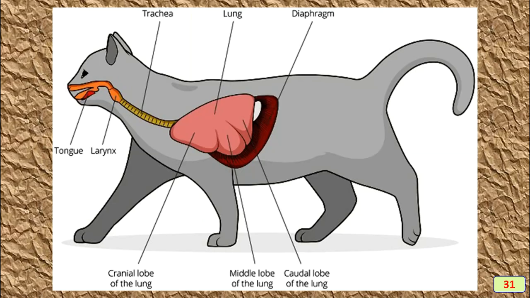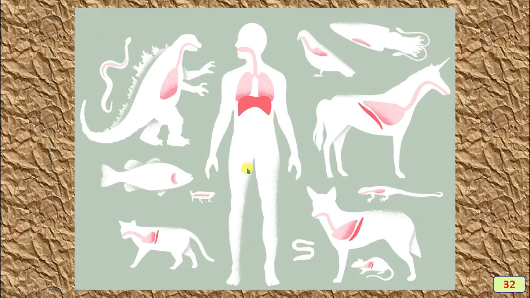And very similarly, in the case of cats, the tongue, larynx, then trachea, and ultimately the lungs are there, which are separated from the abdominal cavity by the diaphragm, and the cranial lobe, middle lobe, and caudal lobe of the lungs are present in cats.